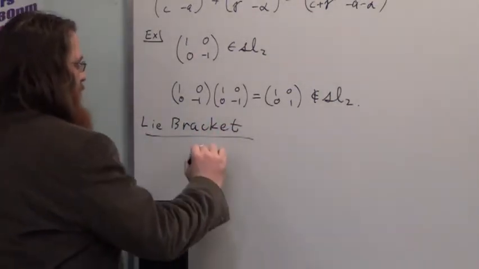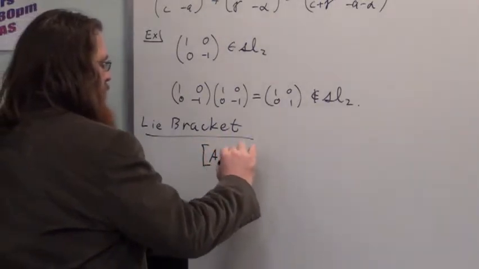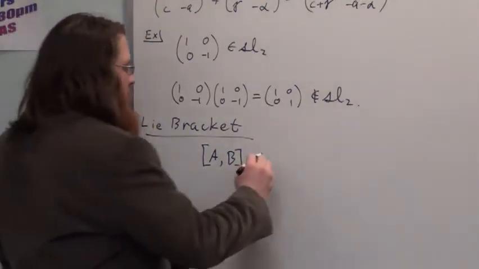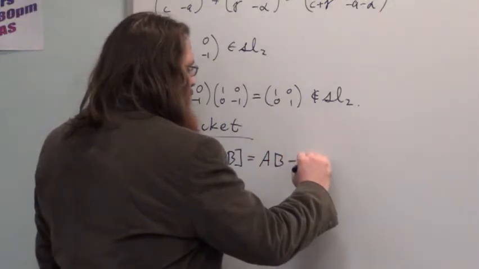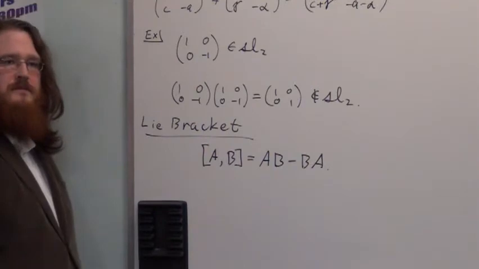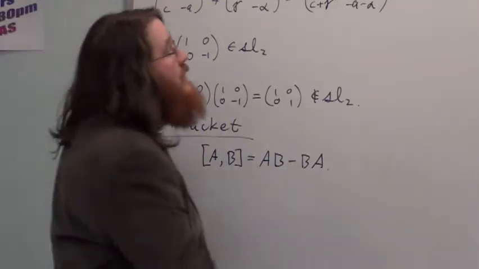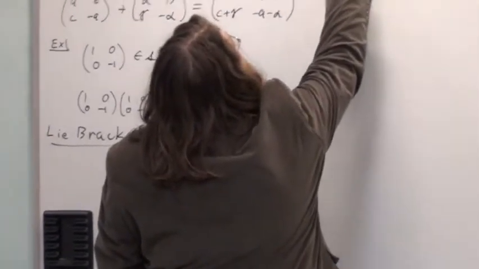And it's the following idea, that we take two matrices, A and B, and instead of looking at their product, we look at their commutator. So we take A times B, and we subtract B times A. This has the nice property, and it's a fun little exercise.